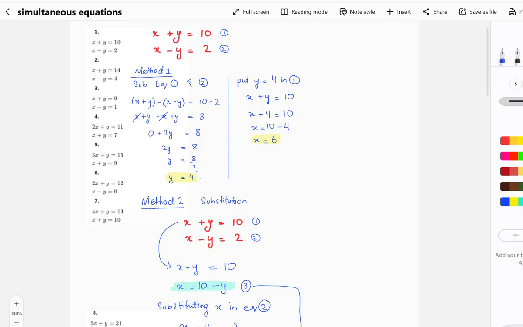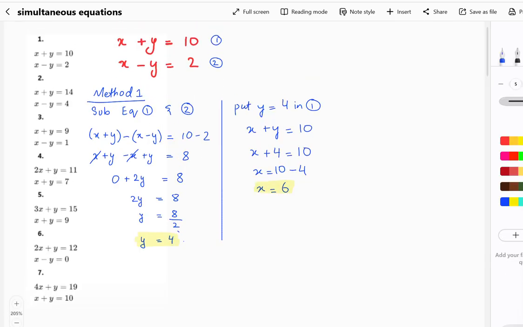Otherwise, you will get confused. So we're going to stick with method 1. We're going to be solving the equations. We would have to decide if we're going to add them or we're going to take them away. Okay, just like how I solved the first question, I want you to work out this one and find out the value for x and y.